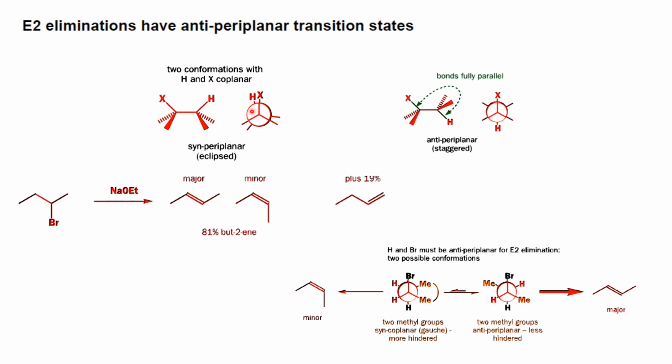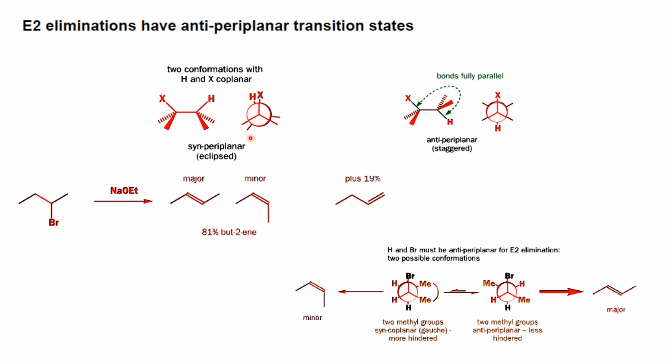This is the syn periplanar conformation. In syn periplanar, you can see that both the leaving group and the hydrogen atom that is being eliminated are on the same side. And this is the Newman projection for this particular arrangement, that is syn periplanar. So it is an eclipsed arrangement. So actually we are having the question from this part.